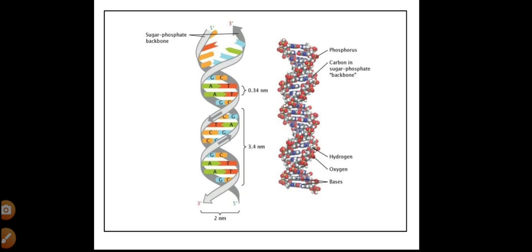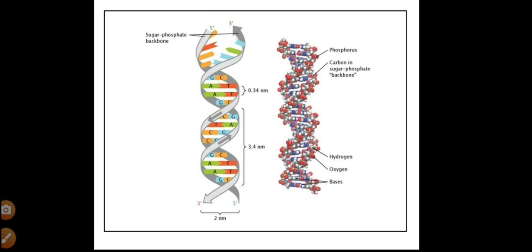They are parallel to each other, opposite in their directions, and they coil around each other in a right-handed manner. So this is the double helical structure of DNA proposed by Watson and Crick.